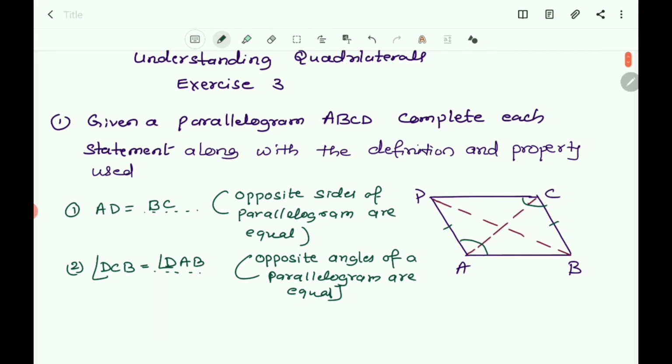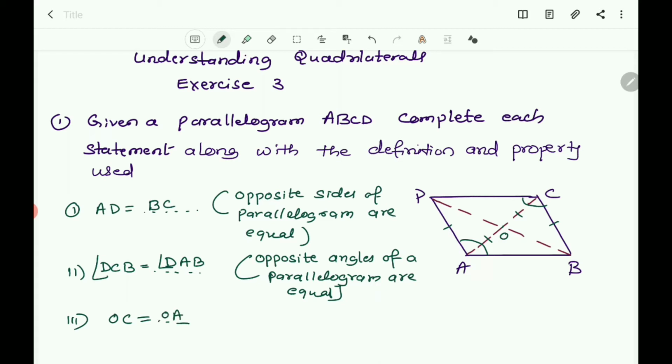Next, third one. OC is equals to. Here, O is the point at which both the diagonals meet. OC is equals to OA because diagonals of a parallelogram bisect each other. So, OC is equals to OA.